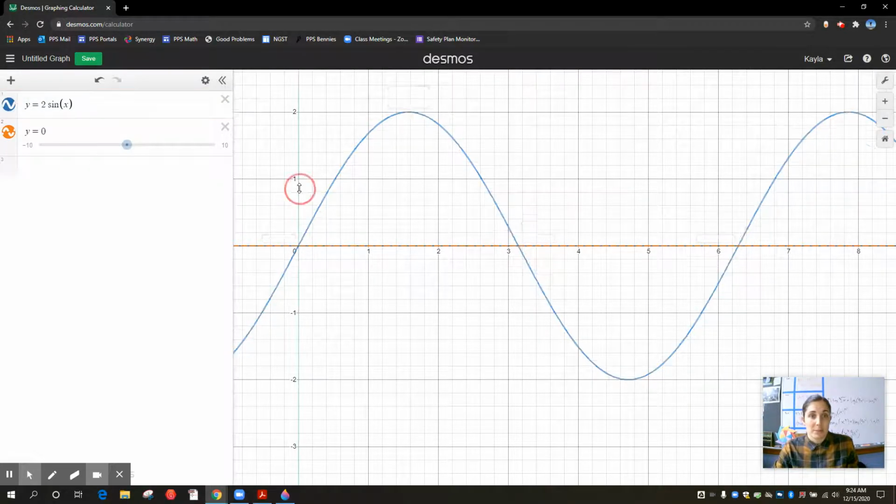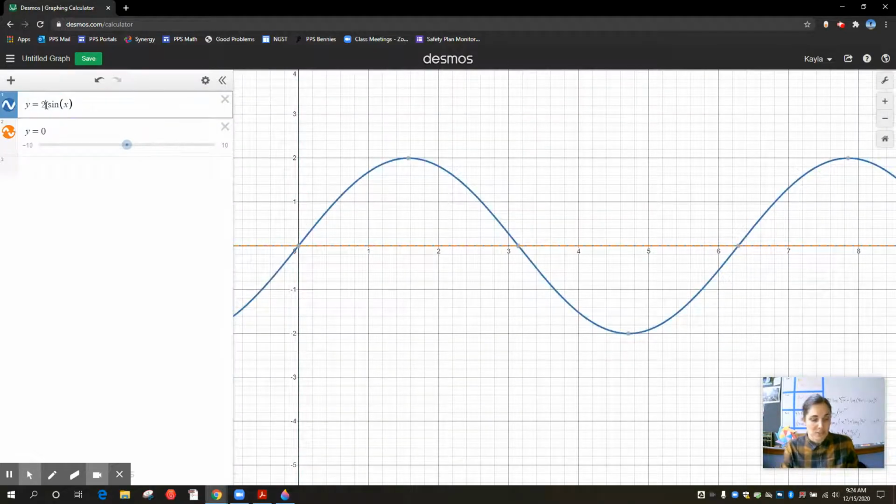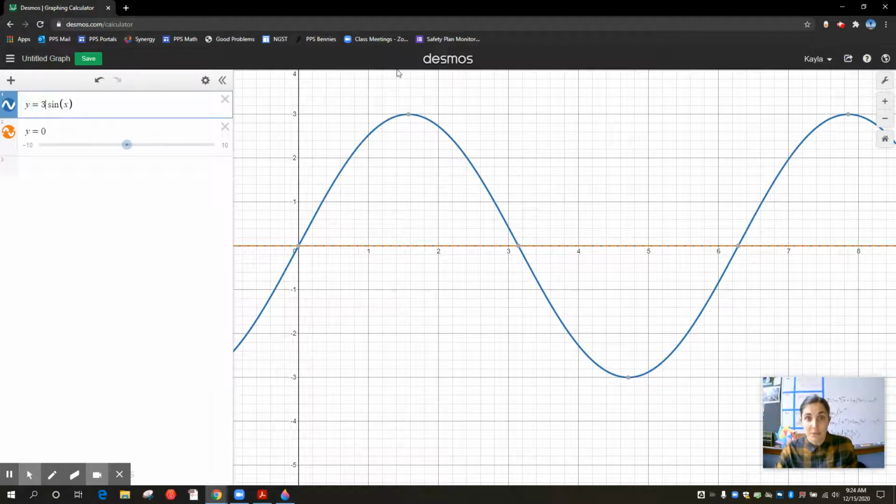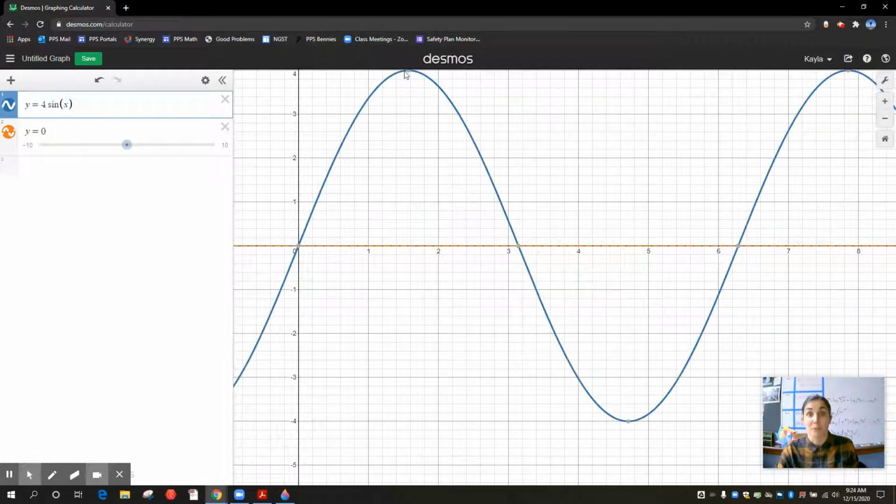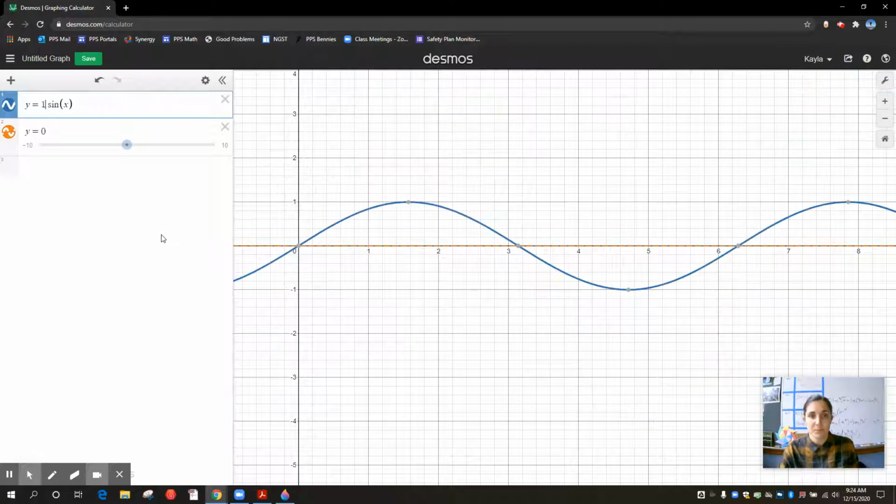I could make my amplitude all kinds of different things. Notice an amplitude of 3, or a vertical stretch of 3, moves it up to 3 and then down to -3, or an amplitude of 4 goes up 4 to -4. Our normal sine graph, of course, has an amplitude of just 1.